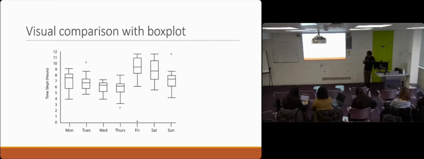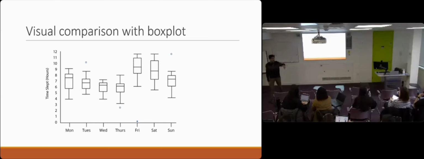Now see an example like this. Sleeping time of a student, let's say, over a whole week, right? So when do you think that a student sleeps a lot? You can compare them, right? How many hours is a student sleeping?